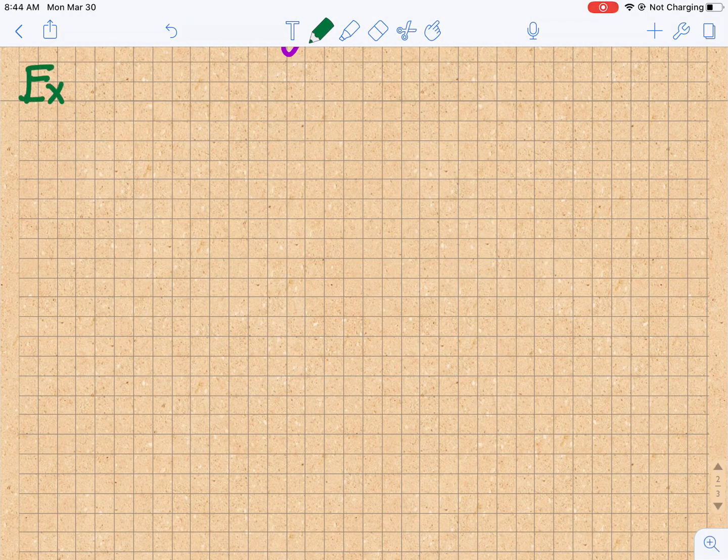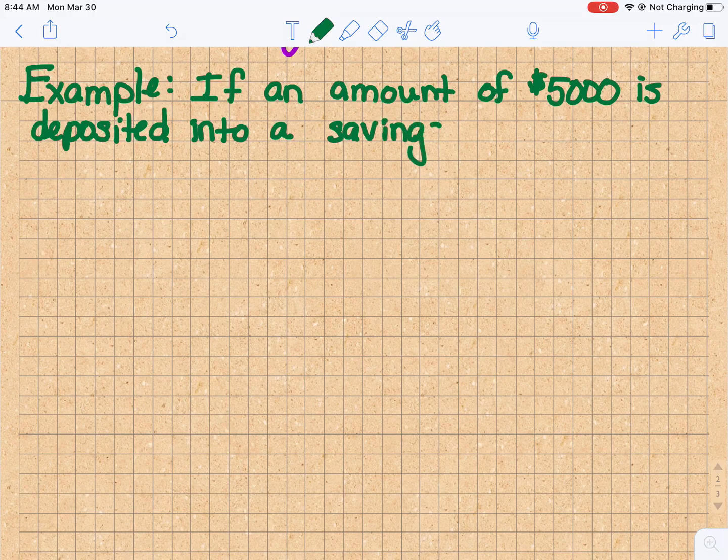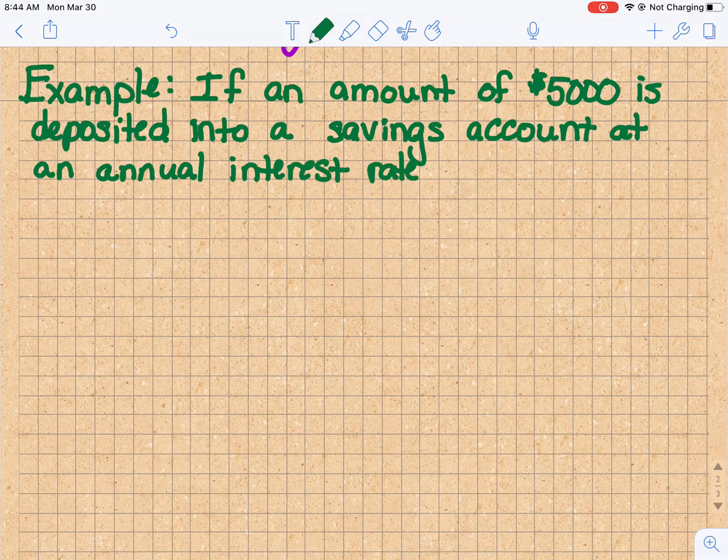So the example, if an amount of $5,000 is deposited into a savings account at an annual rate of 5%, compounded.